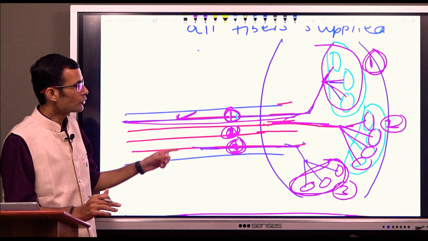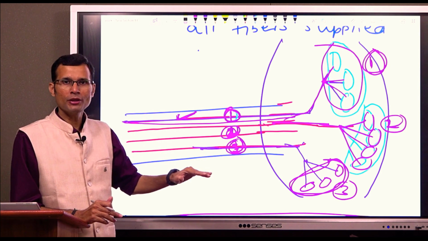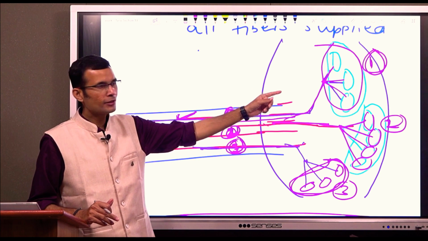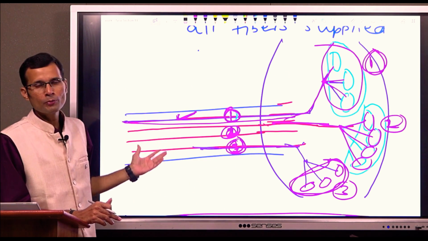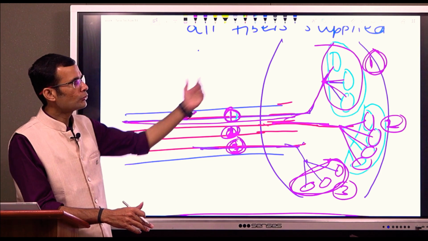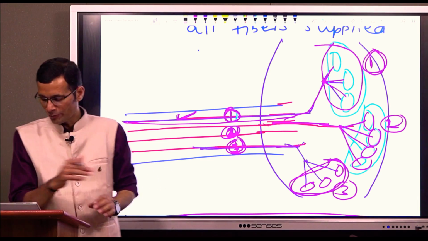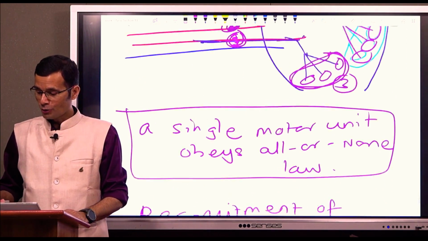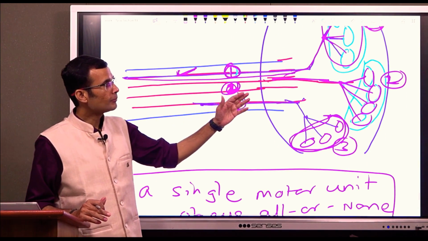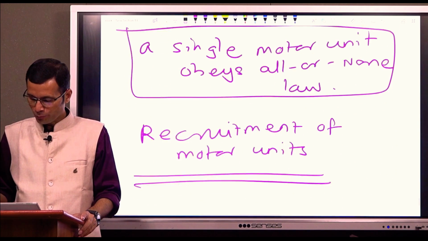And it depends on whether the nerve has been excited with a threshold stimulus, so that it sends signals to all fibers and all fibers contract, or there is no threshold stimulus and no signal going to the muscle fibers in that particular motor unit, none of them will be contracting. But the entire muscle did not obey all or none law, because there was one motor unit contracting, then 2, then 3. It was like that, recruitment of the motor unit.